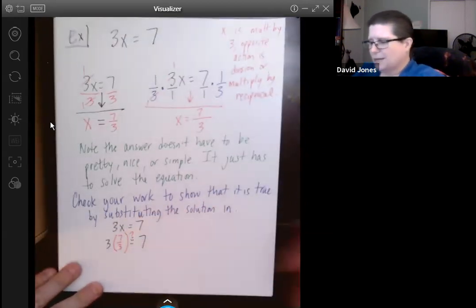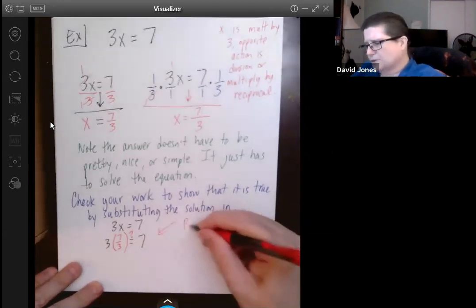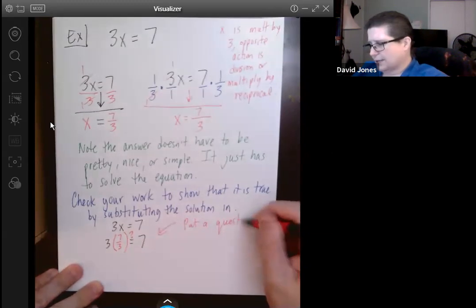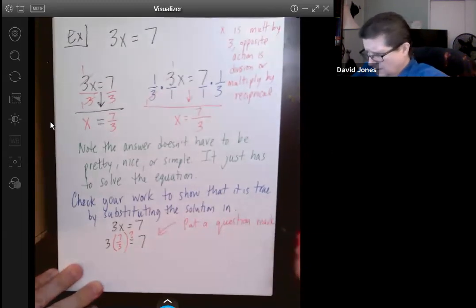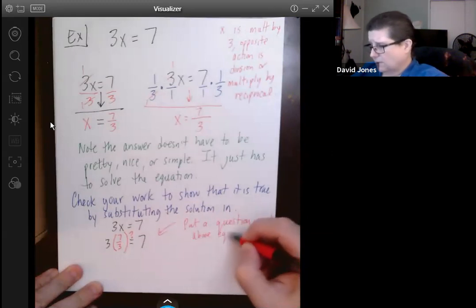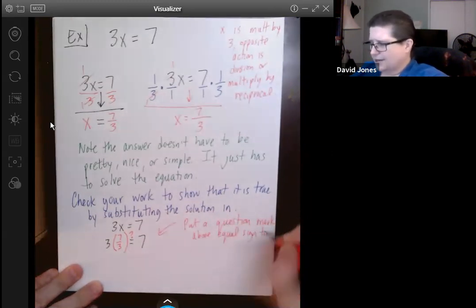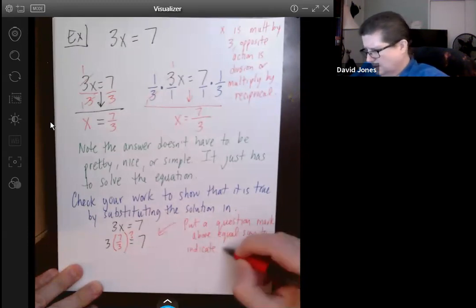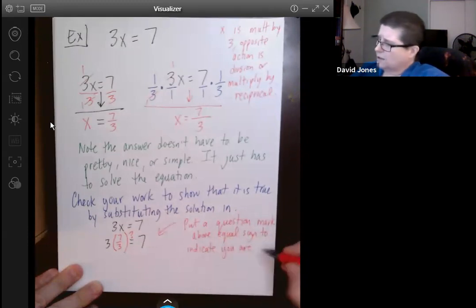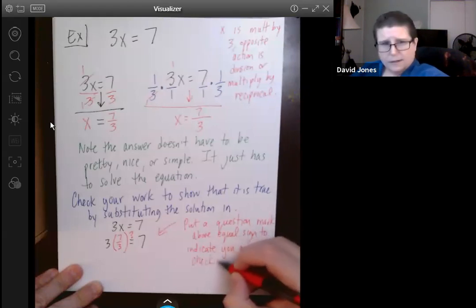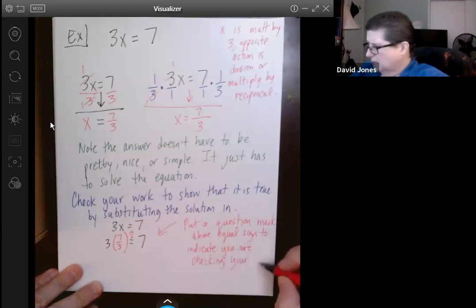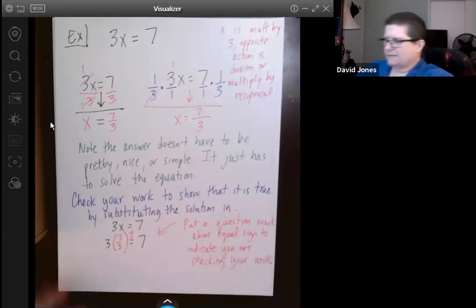Is that a true statement? Put a question mark above the equal sign to indicate you're checking your work. I put a little question mark above the equal sign because I'm not saying it is true. I'm checking to see if it's true. If it's not true, I got the wrong answer.